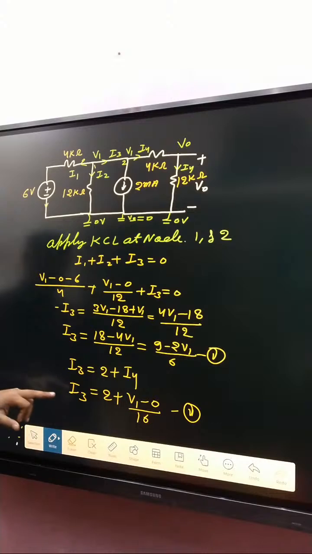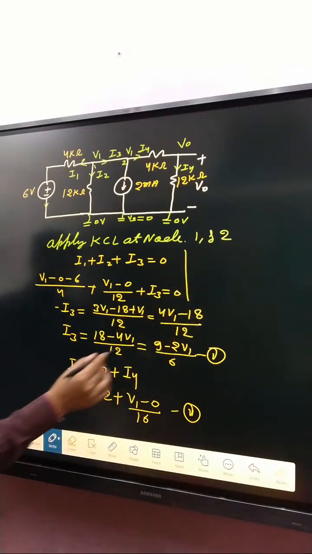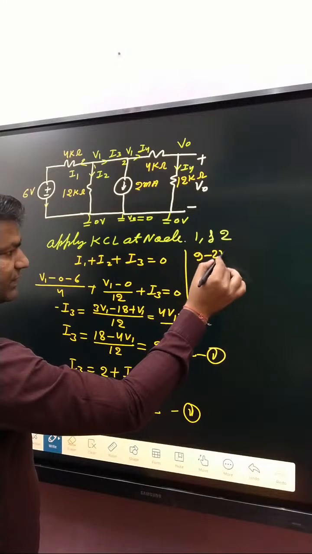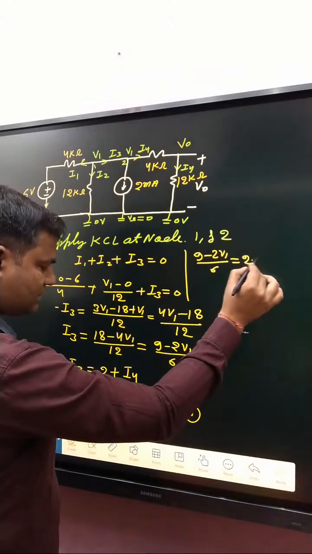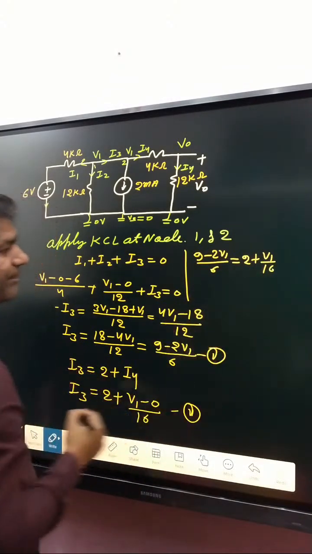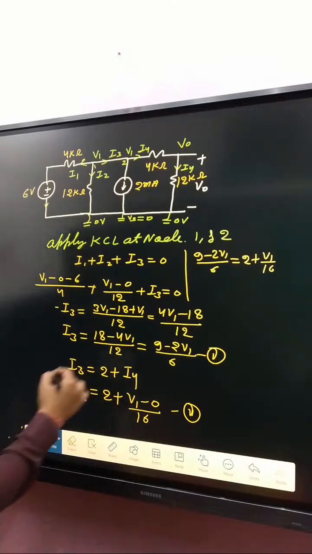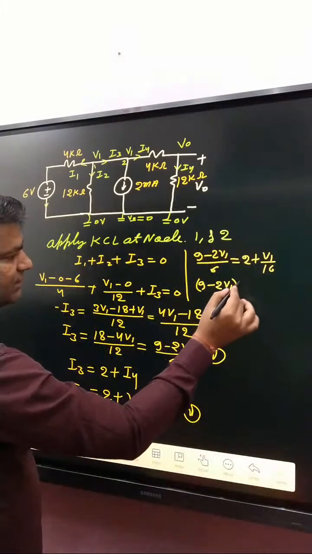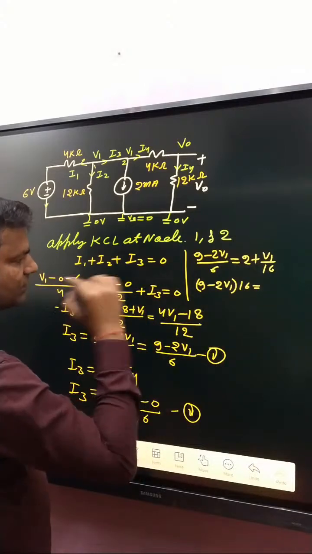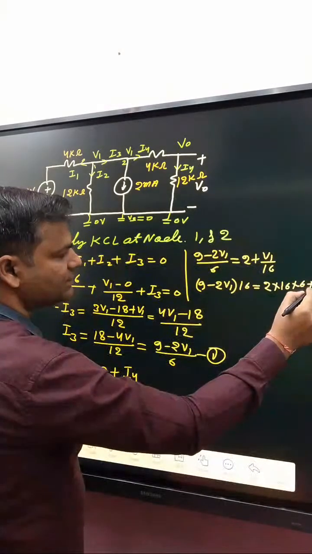Okay. Now that value we put in equation number 1. Then we get 9 minus 2V1 divided by 6 equal to 2 plus V1 by 16. Now after that, cross multiplying, 9 minus 2V1 into 16 equals 2 into 16 into 6 plus 6 into V1.